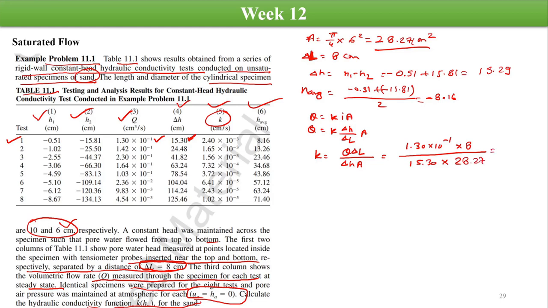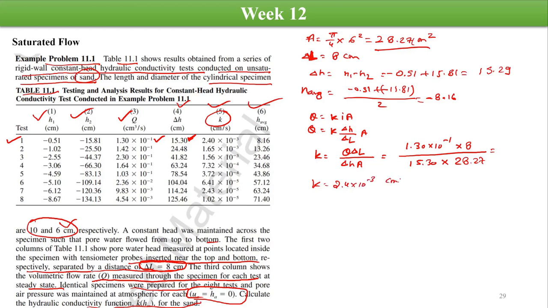So let's find out how much we are getting. 1.3 into 8 into 10 to the power minus 1, that will be divided by 15.30 multiplied 28.27. So we get 2.4 into 10 to the power minus 3.